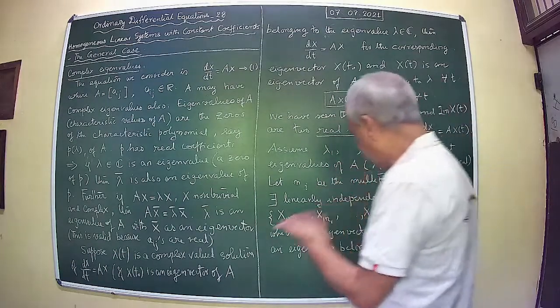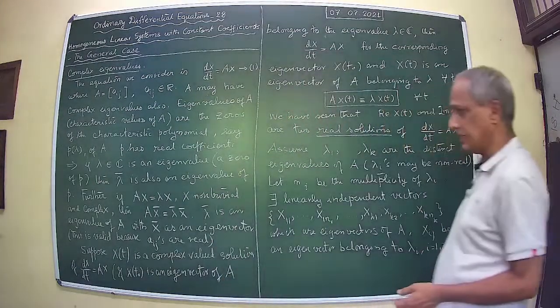So this is what we have, and this forms a basis for C^n in fact.